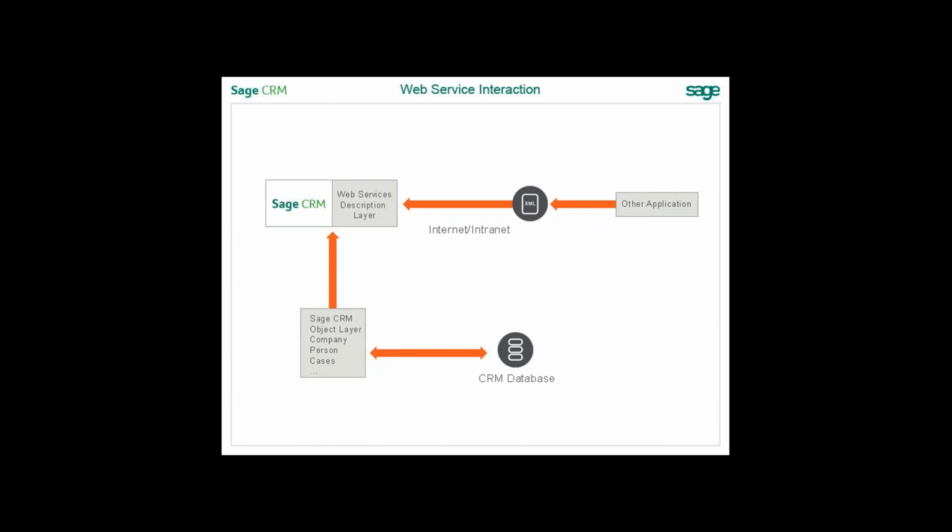Now that's the inbound request, and everything within Sage CRM has to have, just like any other web transaction, a request response cycle. Our request goes in, it's interpreted by the web services description layer, so we make sure that our web service request refers to correct structures and adheres to the syntax that we're expecting.